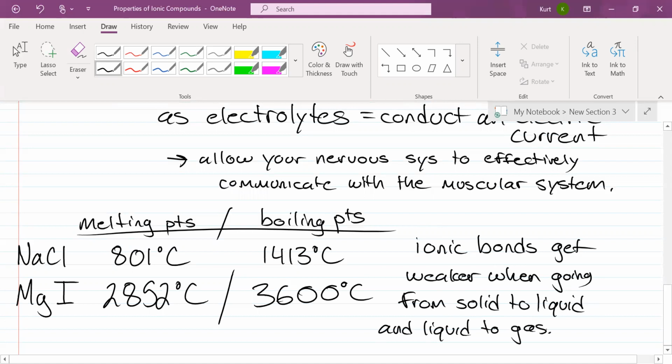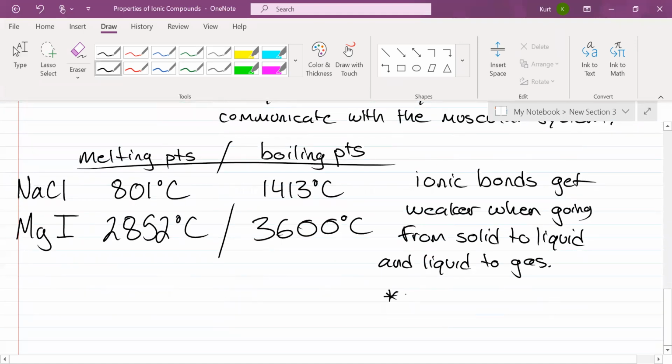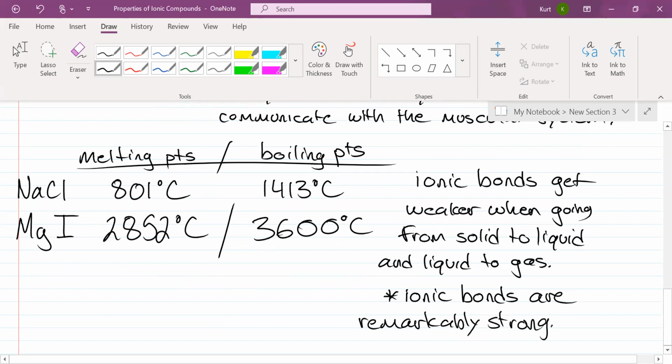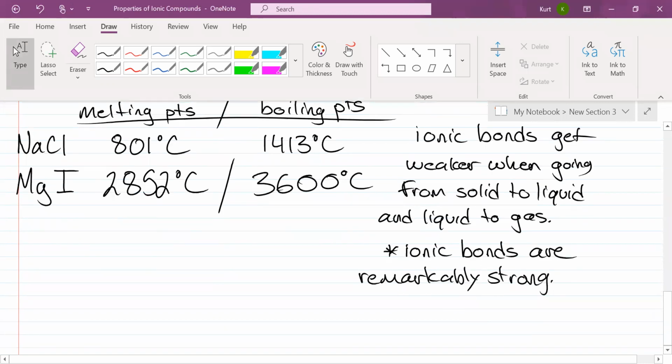But here's the catch. Ionic bonds are incredibly strong. It takes a tremendous amount of energy or a tremendous amount of heat to break them.